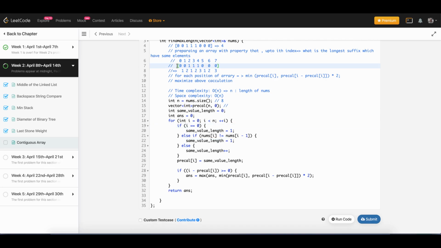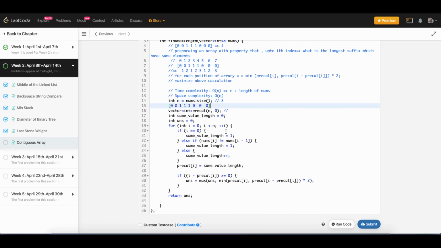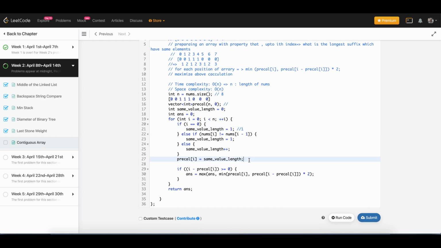Okay, makes sense. Now what happens in this array case? Initially it goes here, same length value is 1, and in 0th position it stores precal of I, which will be 1. Now it moves here, and you see that I, which is 0, minus precal of I, 0 minus 1, which is negative, so it will not meet the condition.